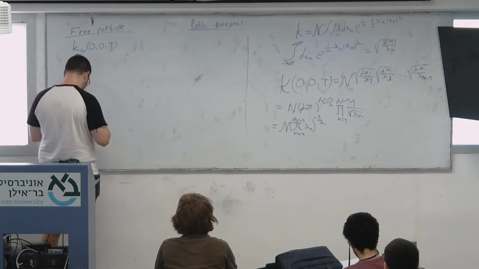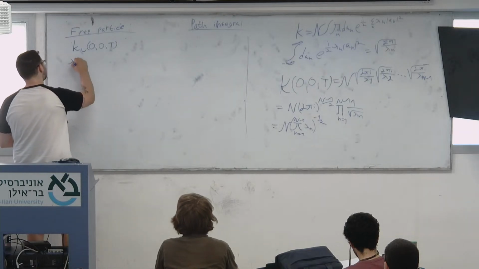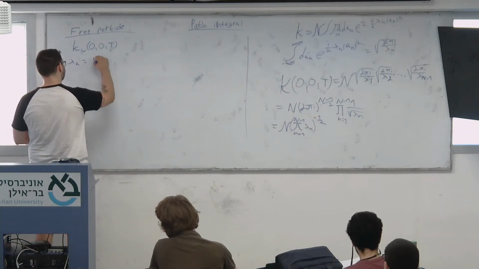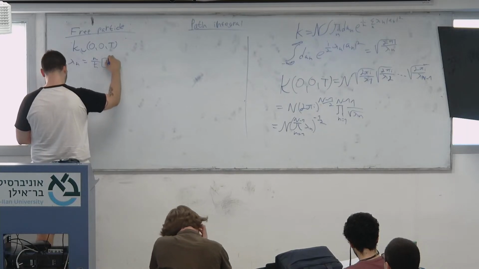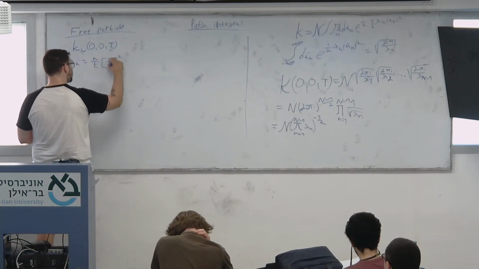Reminding you that lambda n equal to n divided by h bar squared divided by t.